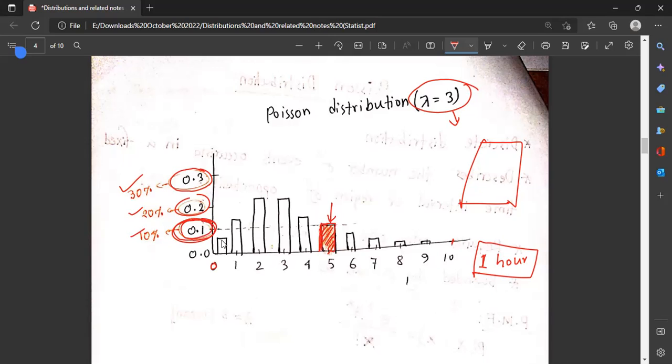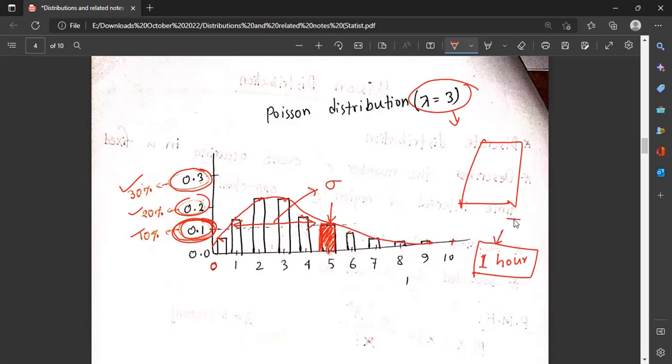And if I connect the upper part, I will also get a graph this way, right? So the sigma is here, how wide the graph is. The probability of getting 5 visitors within 1 hour.